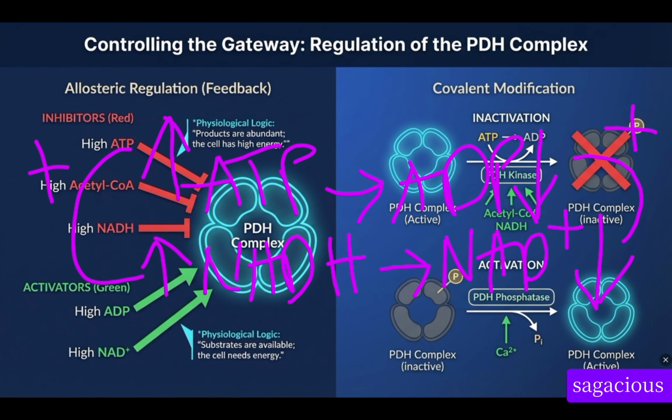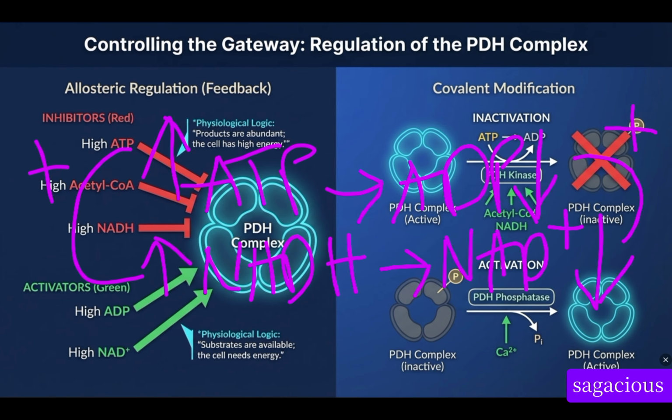But for now, what you have to have in mind is whenever there is high ATP, there is low ADP. And whenever there is high NADH, there is low NAD positive. So they are inversely proportional to each other. But ATP and NADH are directly proportional to each other.